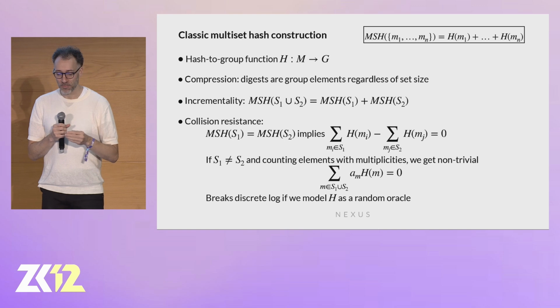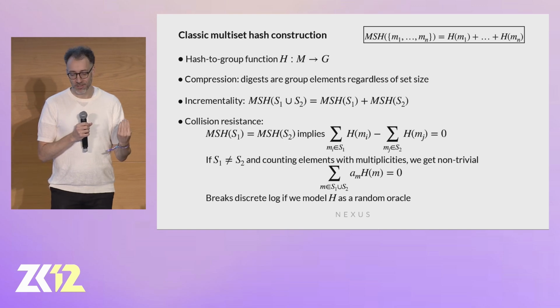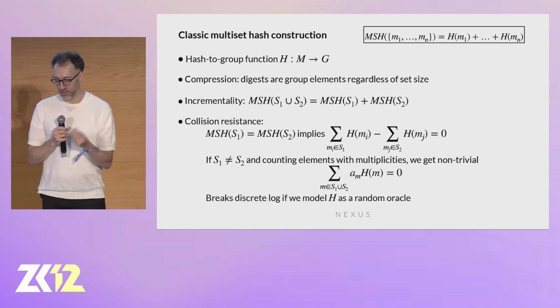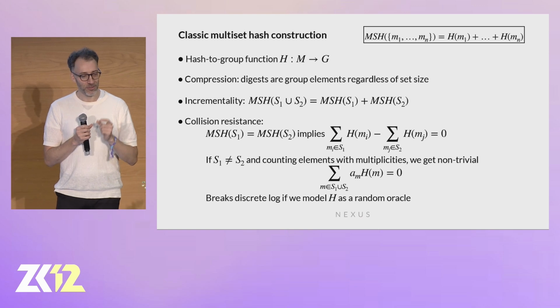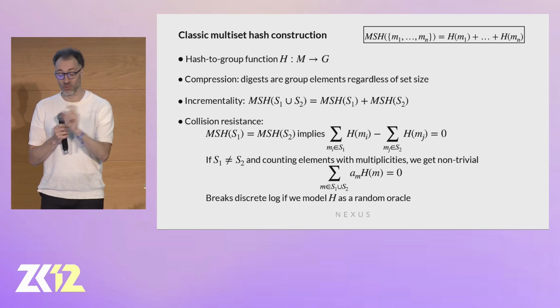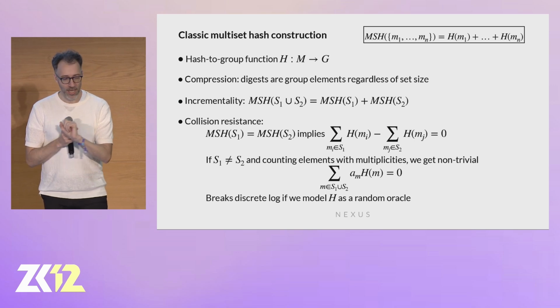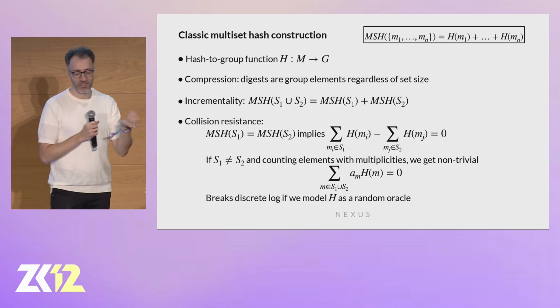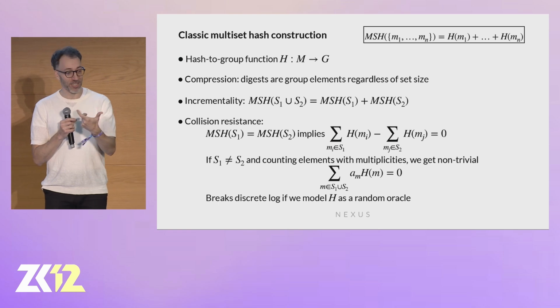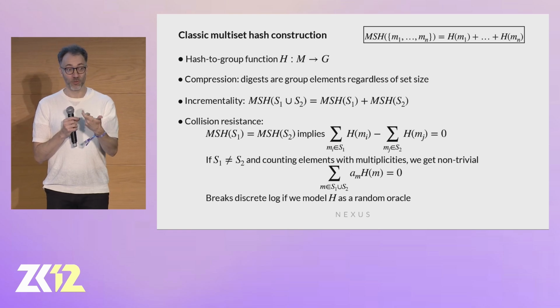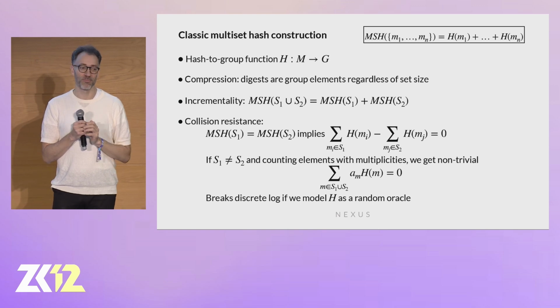But if they're different, then when you count with the multiplicities, those are the a's, you would actually get a non-trivial sum to 0. And if you model the hash function as a random oracle, that means you have some group elements where you don't know the discrete logs and you have made them sum to 0. So now you've broken the discrete log problem.